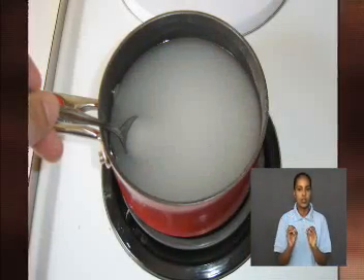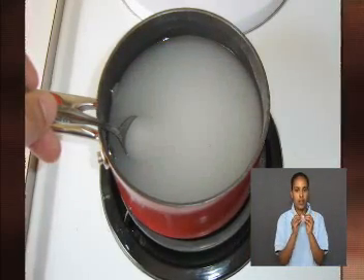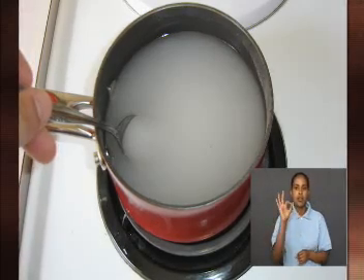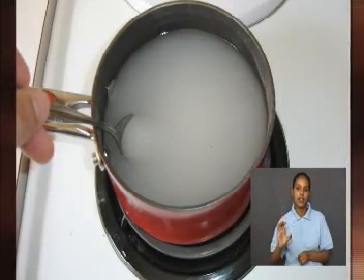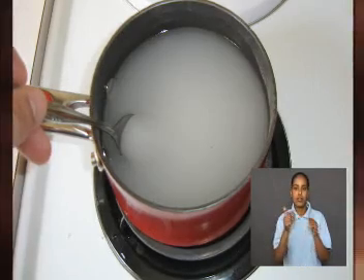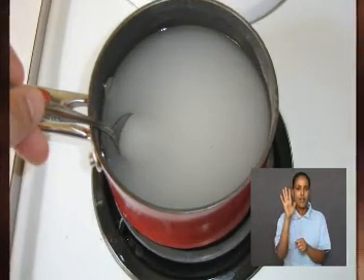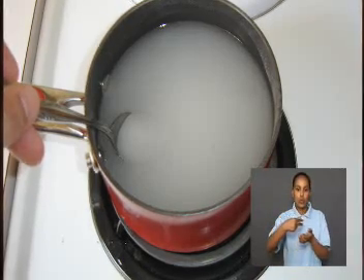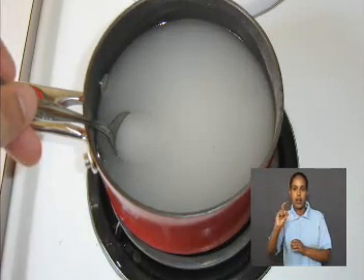Students, let us calculate the vapor pressure of water at 90 degrees Celsius in a solution containing 5.0 grams of glucose in 100 grams of water.